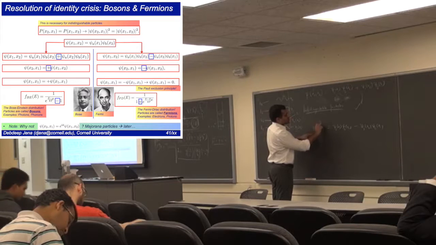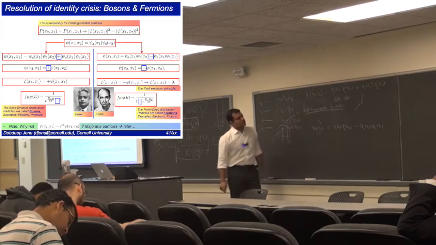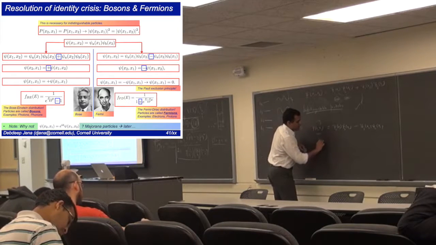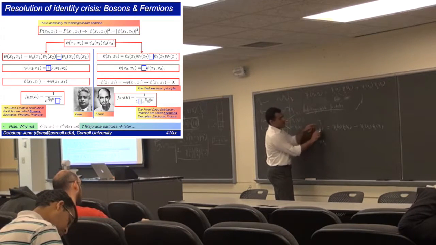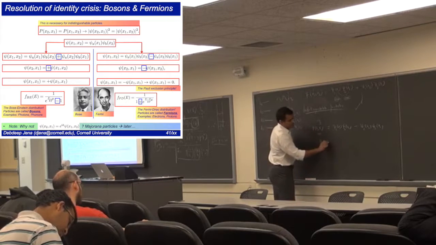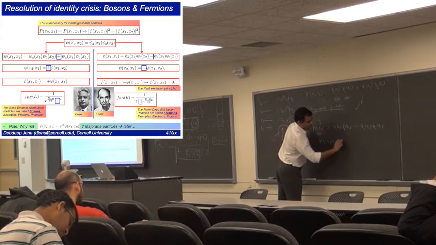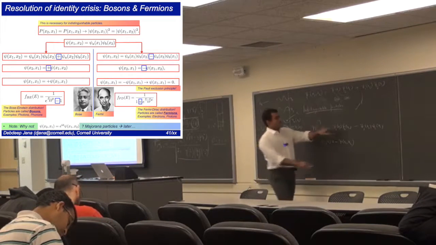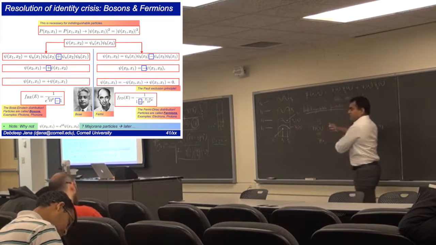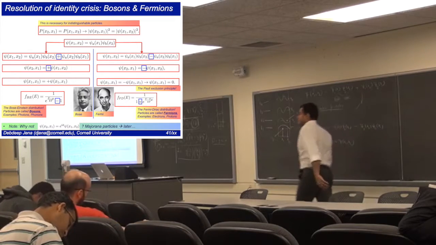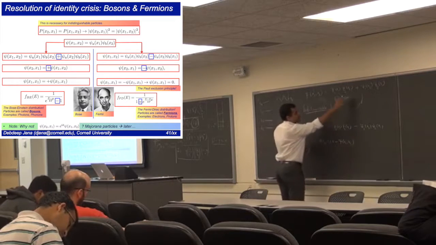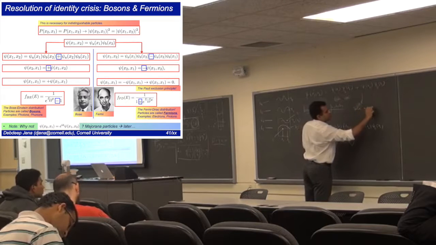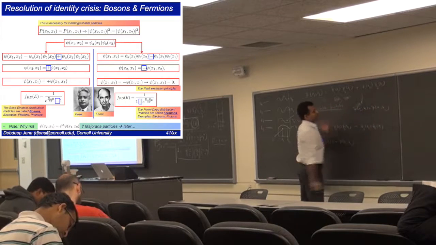So now if you swap x1 and x2, what you'll see is, let me write it this way, psi of x2 comma x1, meaning I've swapped the two coordinates here, will become minus psi of x1 comma x2, right? Because this becomes that, and that becomes this, but now you have a minus sign. So it became its negative. And here for the first, with the plus sign, psi of x2 comma x1 is equal to psi of x1 comma x2.